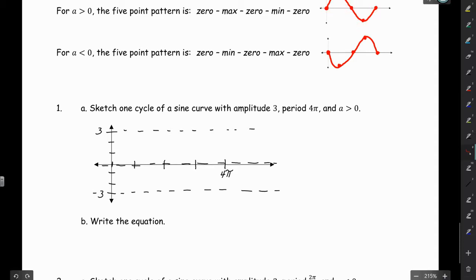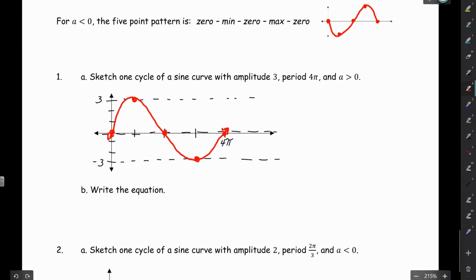So let's plot those points. 0, max, 0, min, 0. And I think you may want to put some arrows on the end just to show that you know that this graph goes indefinitely to the left and to the right.